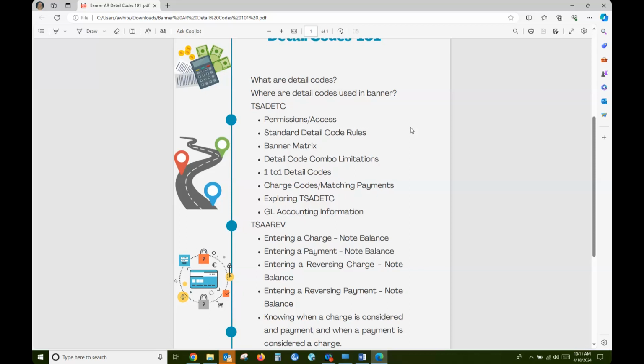It was done with work and coordination through all of the colleges, and what it helps us do is to standardize all of our detail codes so that, for example, we'll just use Chattahoochee. If Chattahoochee wanted to set up a tuition charge, but they didn't want to name it TUIT, they wanted to name it TUIO, right?